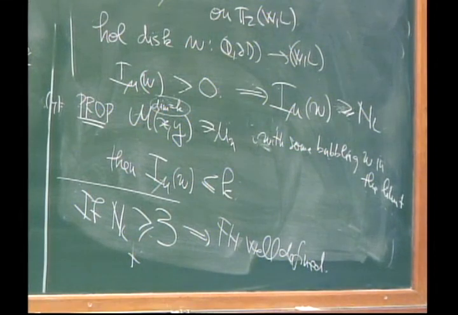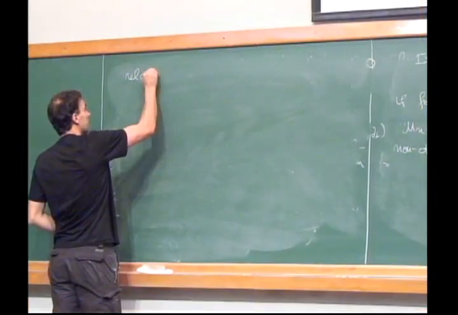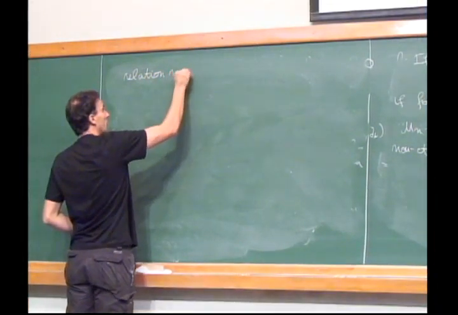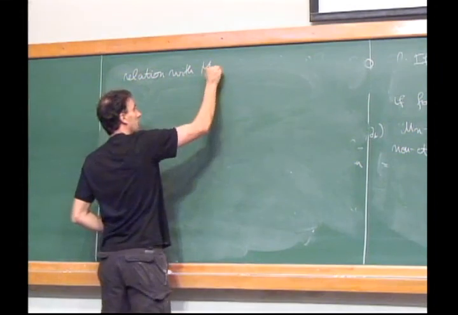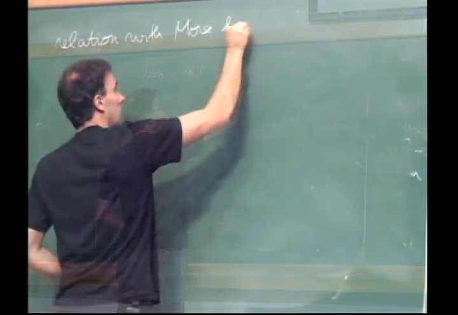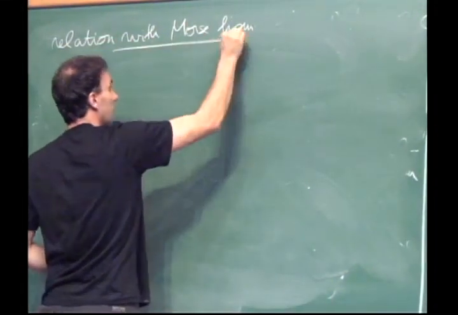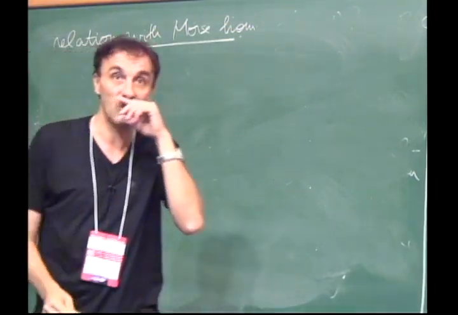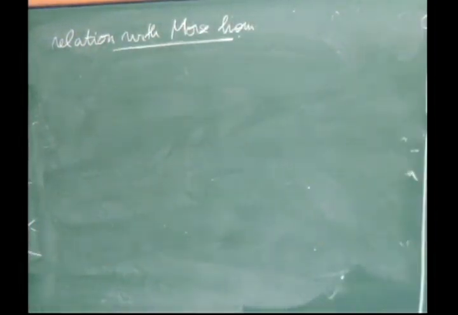Now let me say a few words about the relation with Morse homology in this monotone case. Remember, there were two aspects.